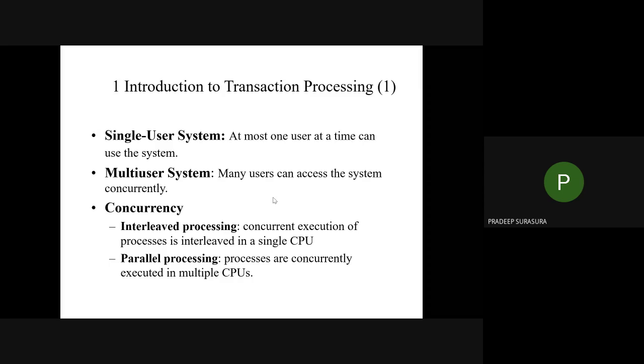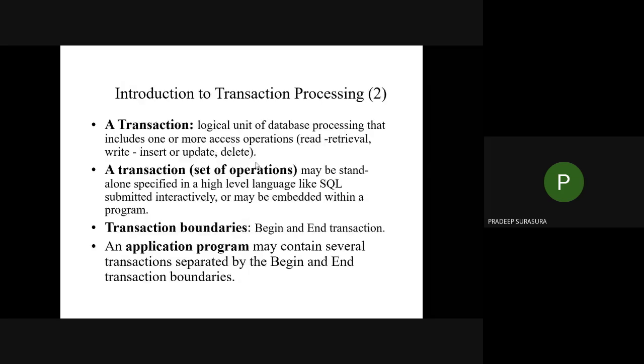They need to calculate how many people can be accessing their web portal simultaneously, or how many people will be buying their products. So they will calculate and give all the resources in order to access everything in just one click. So your transaction processing should be capable of handling interleaved processing and parallel processing as well.